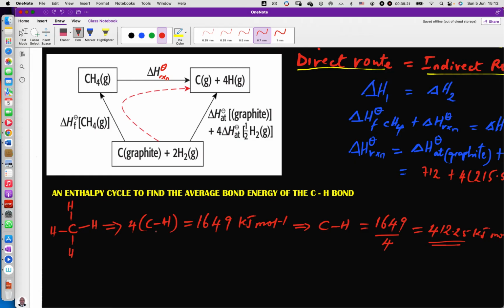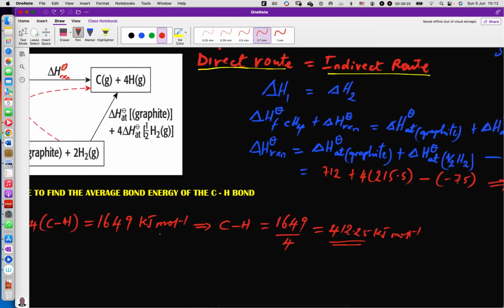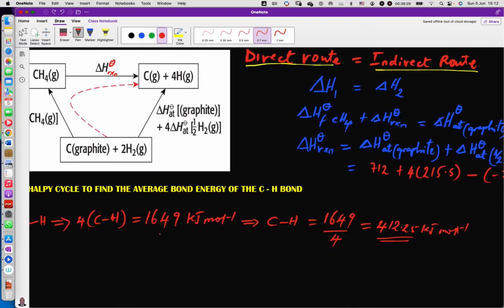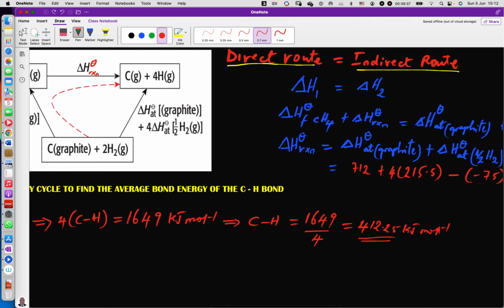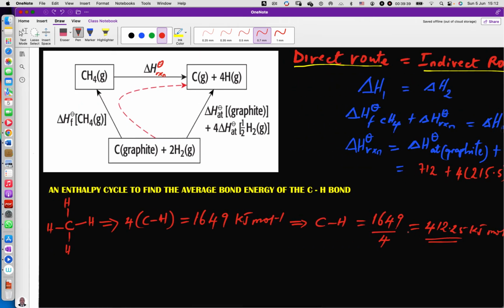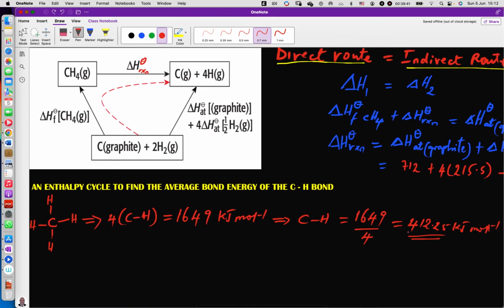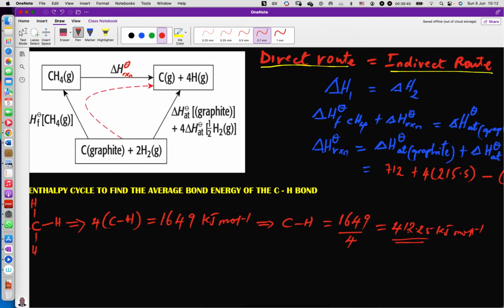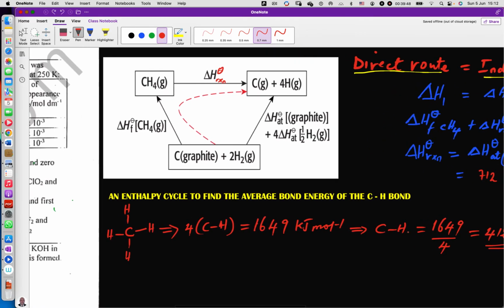Then we make the CH bond the subject: we divide 1649 by 4, and our value will be 412.25 kilojoule per mole. That will be our average bond energy for the CH bond, 412.